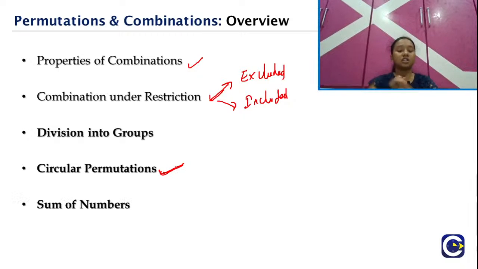After circular permutations, there are a few concepts which are considered for our Mains level, for our JEE. The first one is sum of numbers.